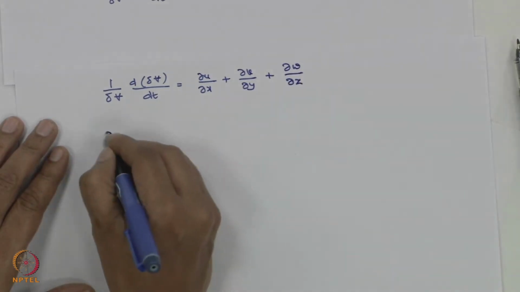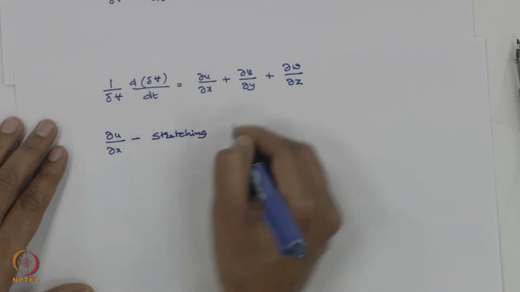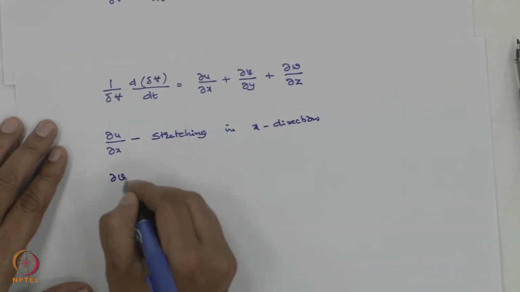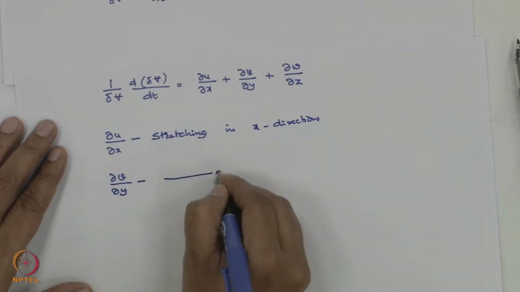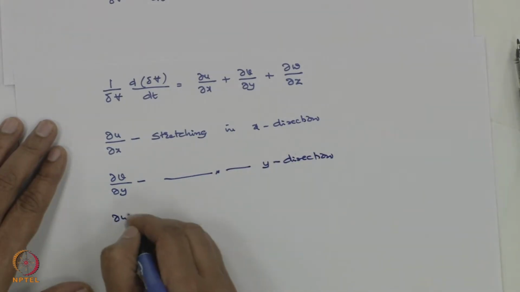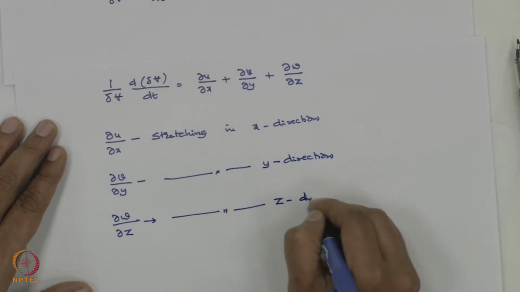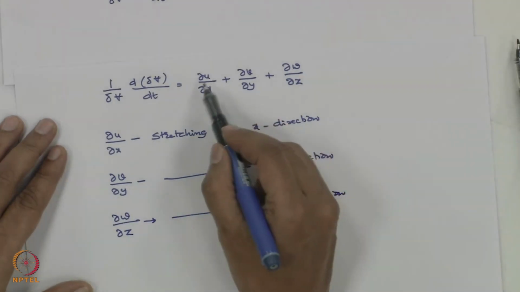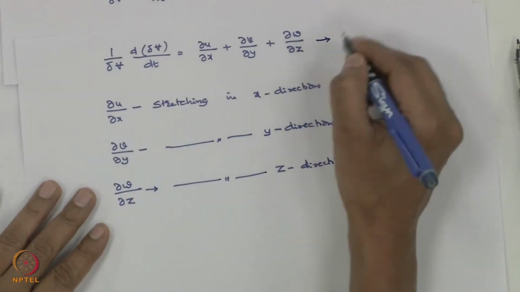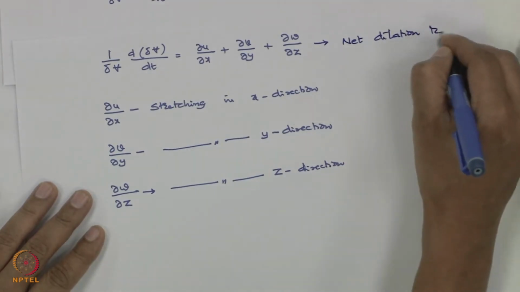That means del u by del x is stretching in the x direction, del v by del y is stretching in the y direction, and del w by del z is stretching in the z direction. It can be compression also. If it is compression, then this becomes minus. So, this can be visualized as the net dilation rate, how much it is getting dilated.